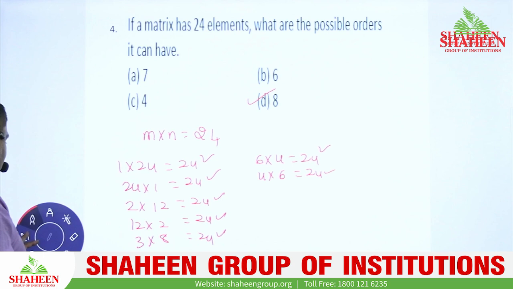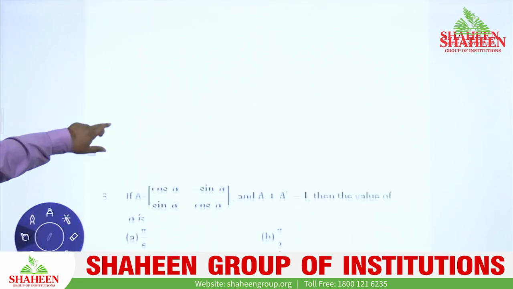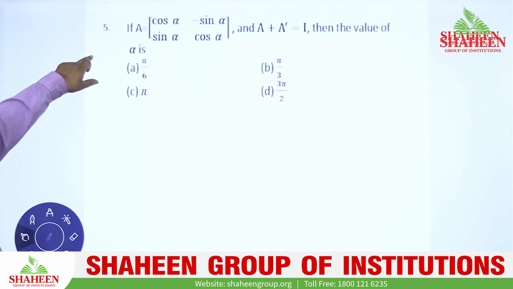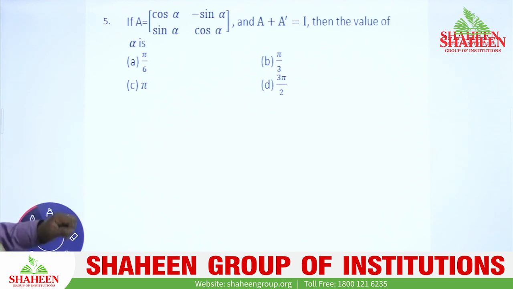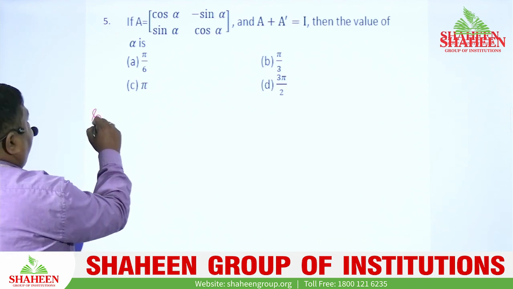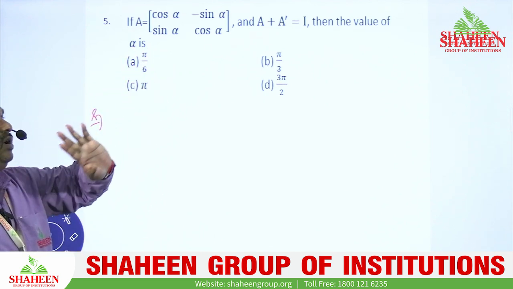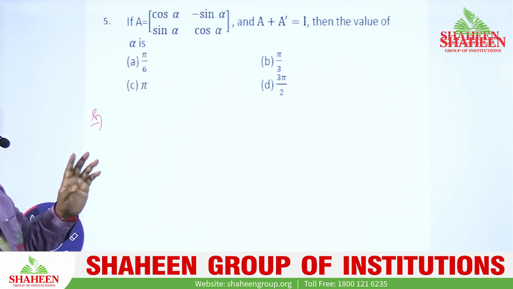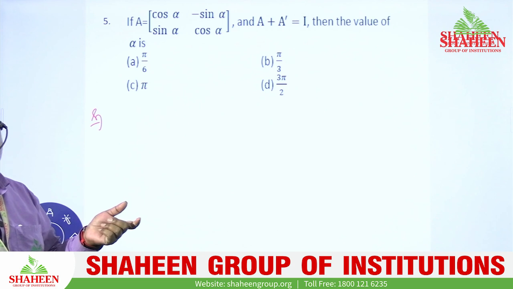Next, we'll move to the next problem. Given the matrix A is cos alpha, minus sin alpha, sin alpha, cos alpha, and he has given that A plus A dash matrix is equal to I. I means identity matrix. A dash means transpose of the matrix.